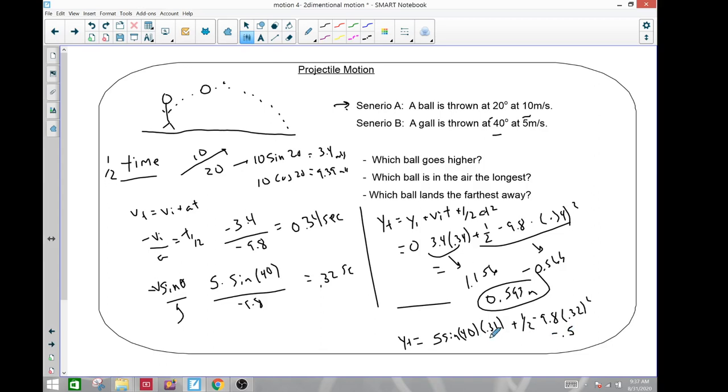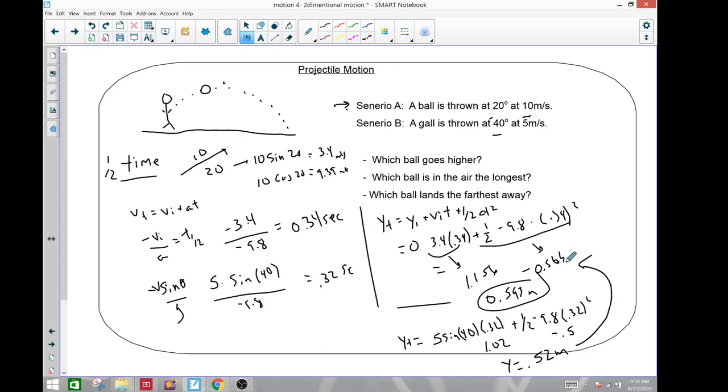So the sine of 40 gave me 0.62 times 5, which is its velocity, times the time, which is 0.32, gave me 1.02. 1.02 minus the 0.5 is 0.52 meters. Okay, so y of t equals 0.52 meters, and it's still just a shade less.